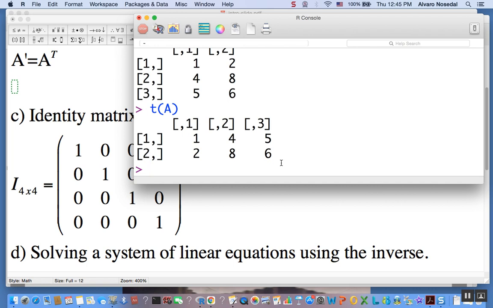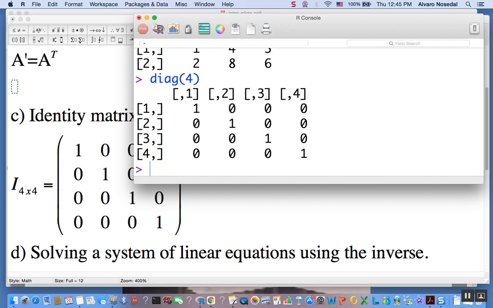It's very simple. It turns out that R has a special command called diag. So diag, brackets, and then the number of rows or columns, since it's a square matrix, it's the same.